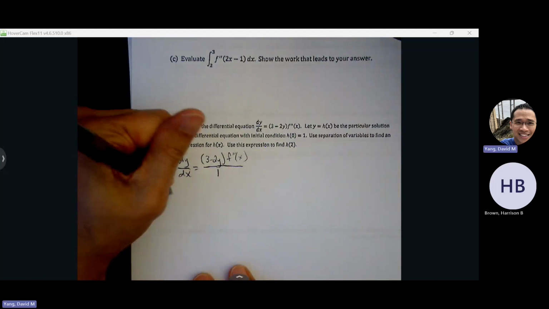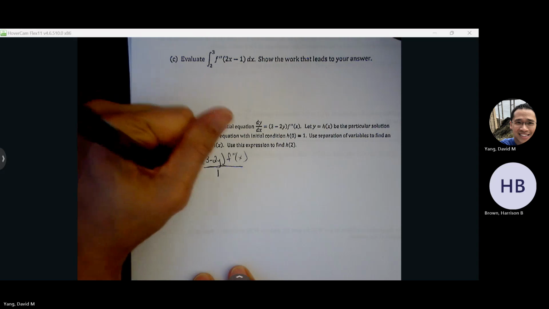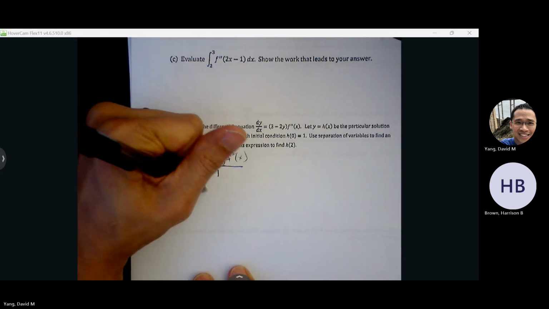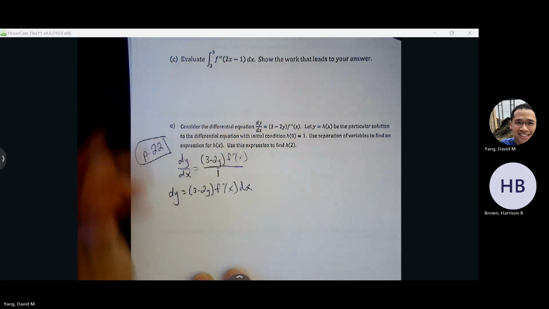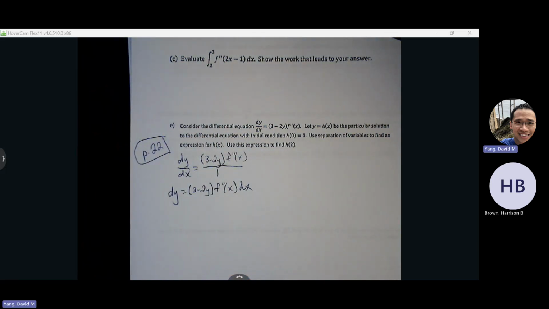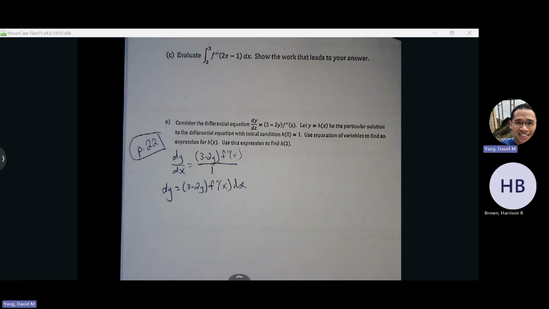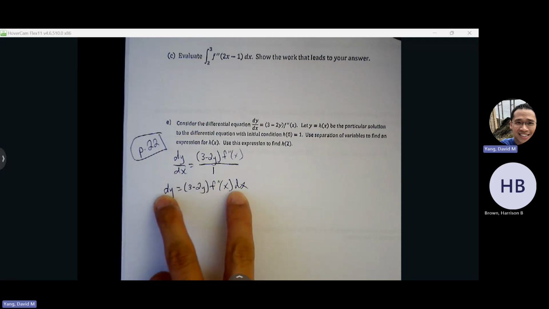Cross multiply, I get dy is equal to... So first things first is we cross multiply to make sure our dy dx's are locked into their ideal locations. And then next is separation of variables.